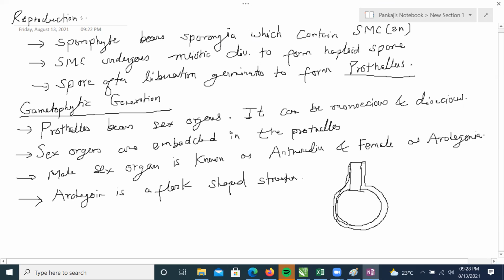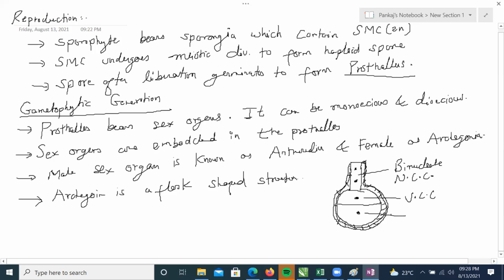We can draw it like this, the multi-layered jacket cells are there. Okay, so these are the jacket cells. Okay, and there is a binucleate neck canal cell, and there is one venter canal cell, right?